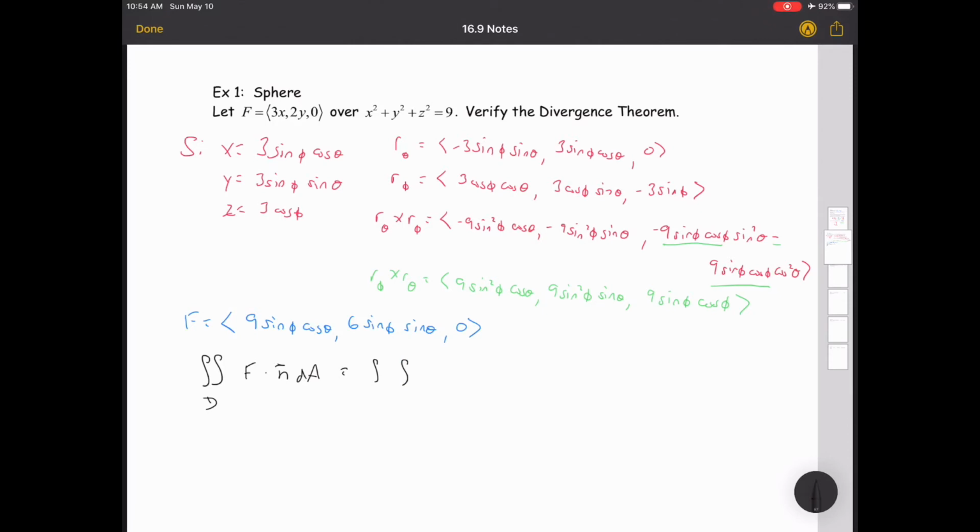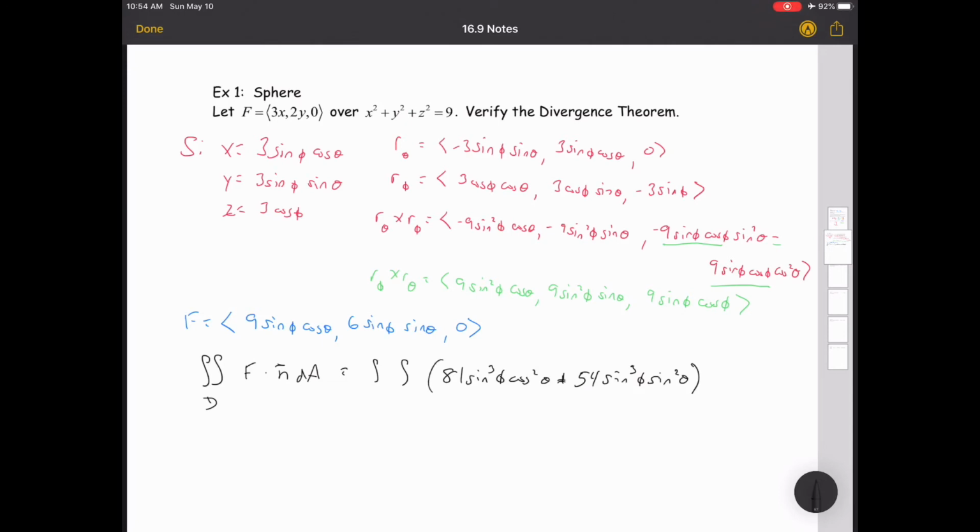The force dotted with n is going to give us, let's see what that's going to be, 81 sine cubed phi cosine squared theta plus, it looks like 54 sine cubed phi sine squared theta. And the last part doesn't give us anything.